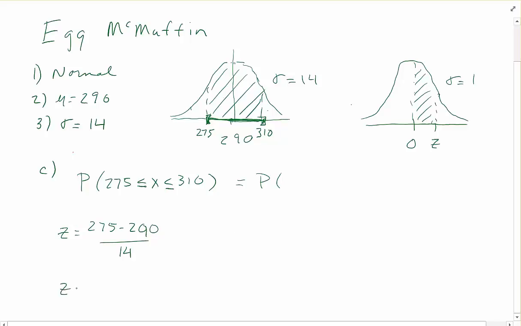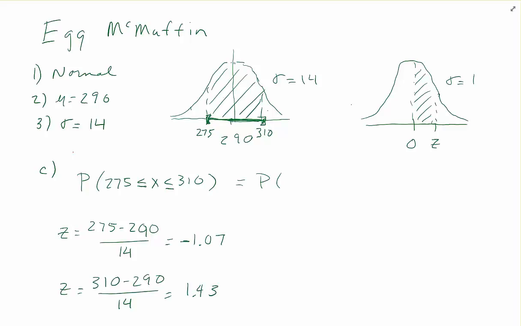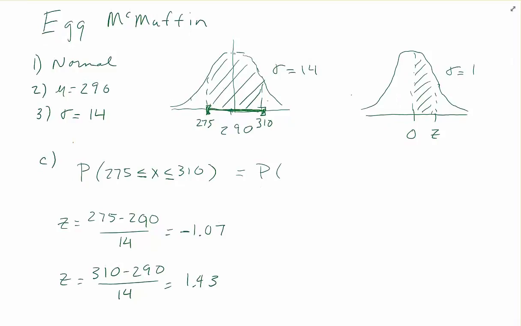And then let's find the z-value for 310 and see what these are. So they're negative 1.07 standard deviations to the left. That's the 275, and 310 is 1.43 standard deviations to the right.